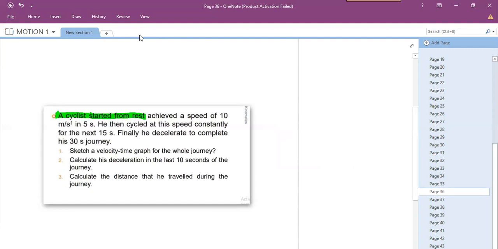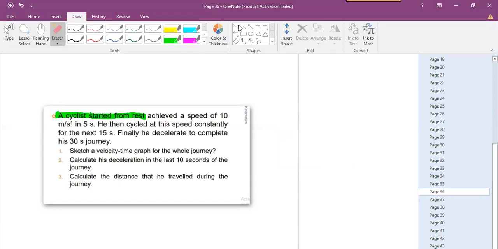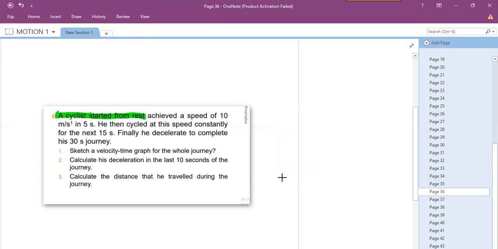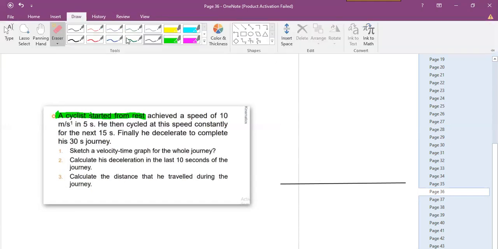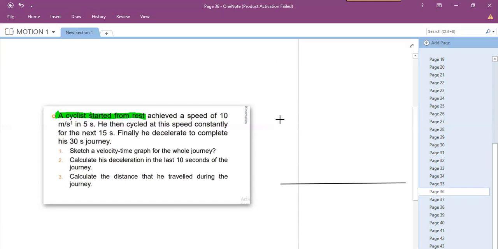Let's draw some proper lines. I'm going to start off with this line here from rest, like so. Then we're also going to put another line there. But you use a ruler when you're answering your question.